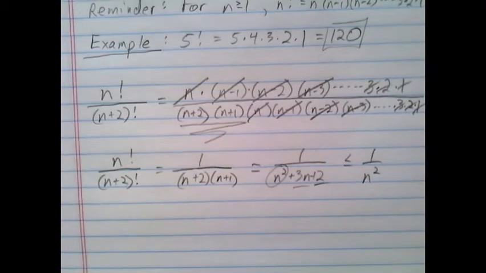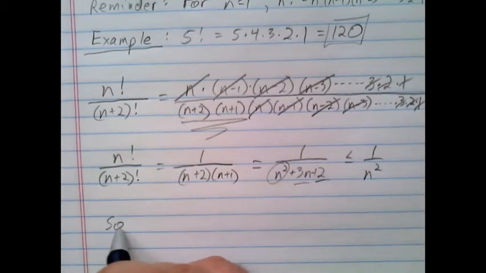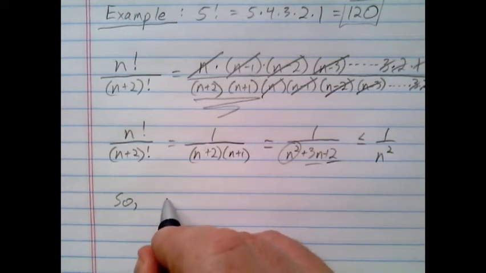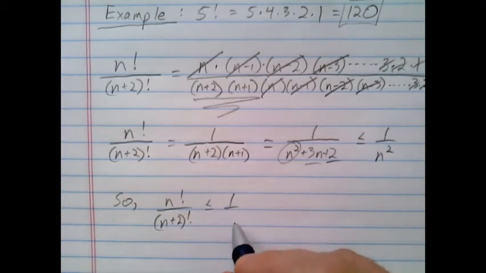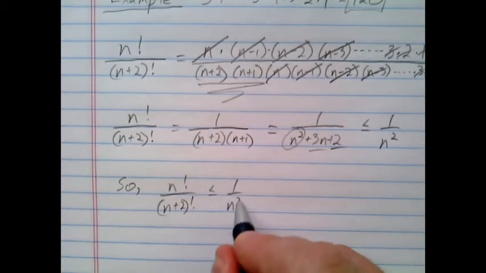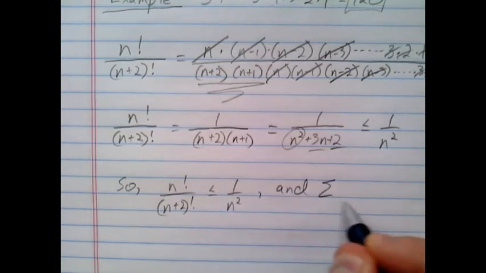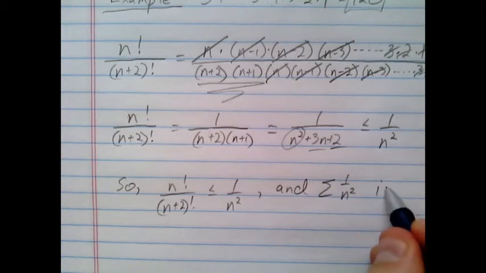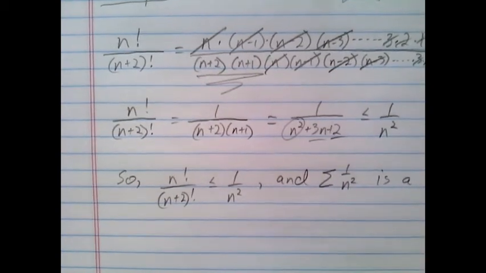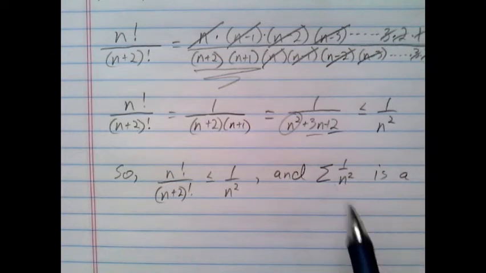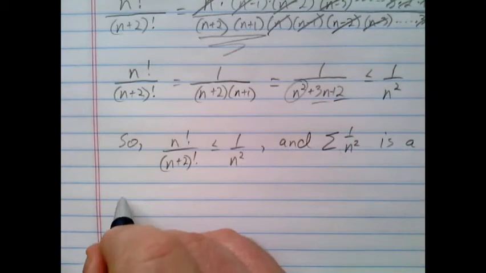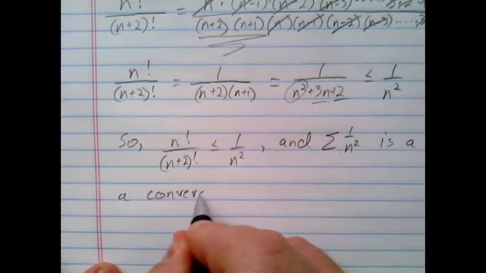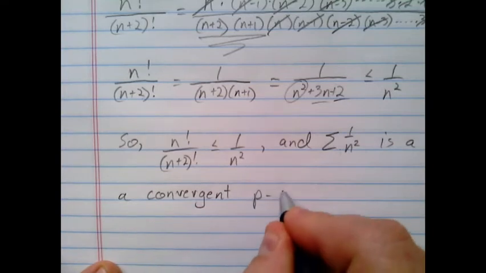So n factorial over n plus 2 factorial is less than or equal to 1 over n squared, and the series whose nth term is 1 over n squared is, so here I'm just stating that which is obvious by inspection, that this is a convergent p-series.